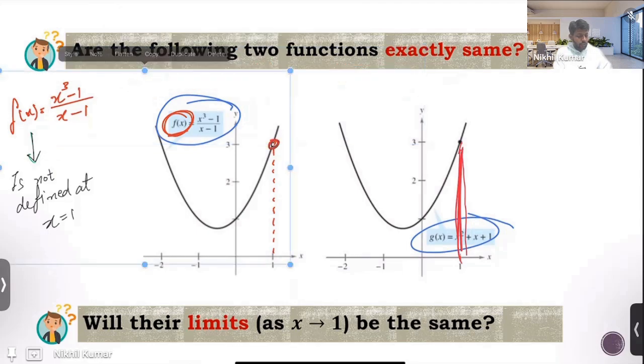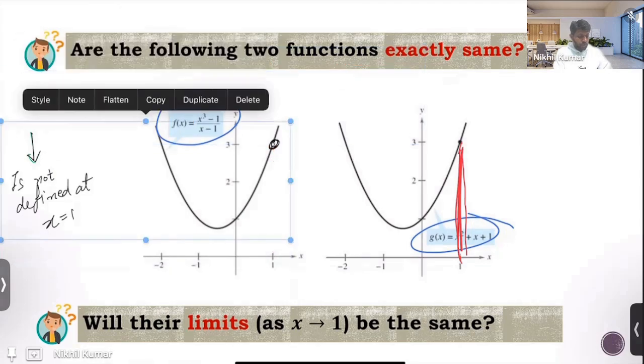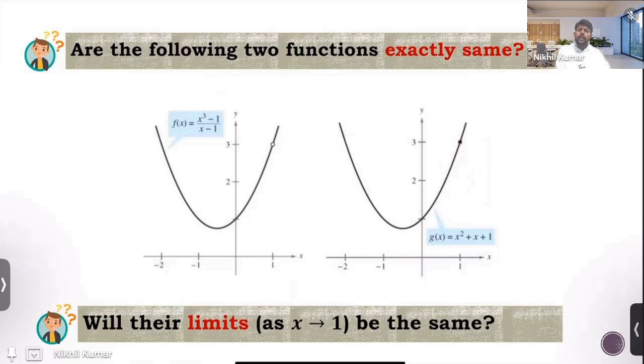Let me explain once more. Even though f of x and g of x are not exactly the same, their limits at x tending to 1 come out to be the same. Why? If you remember, in the very first or the second lecture on limits in this series, we figured out how to find limits using graphs.